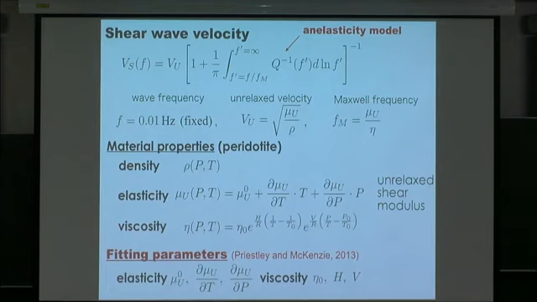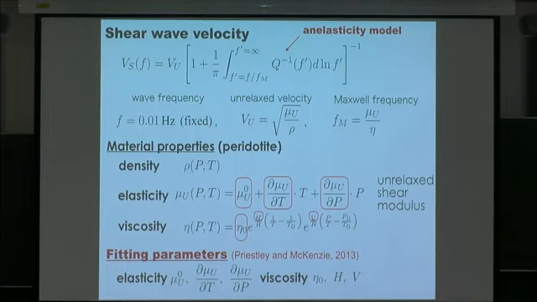Although these material properties are available from the seismological data, there exist some uncertainties. And in their analysis, these 6 material parameters representing elasticity and viscosity and their temperature and pressure dependencies were obtained as fitting parameters when the resultant velocities are fitted to the seismic data.